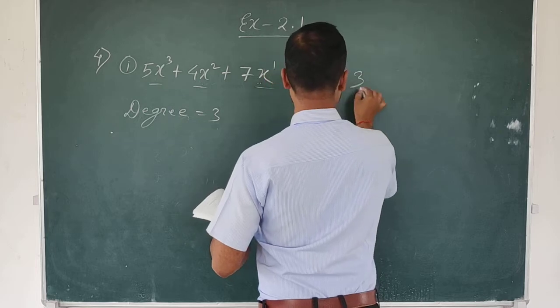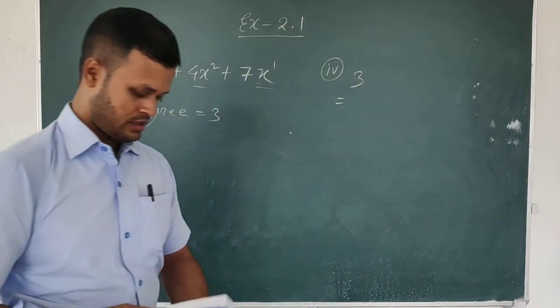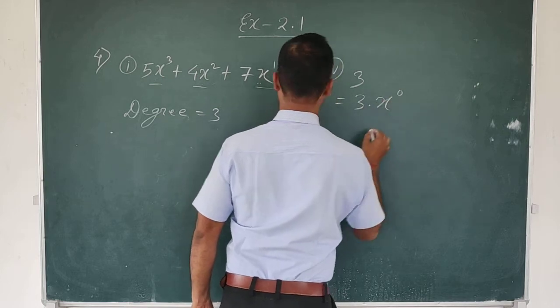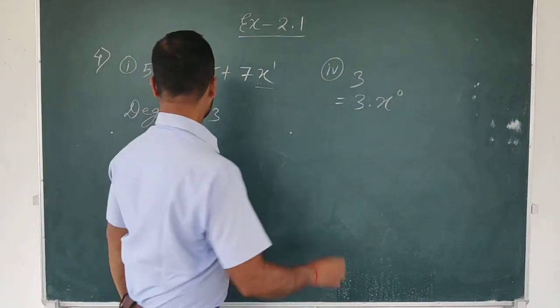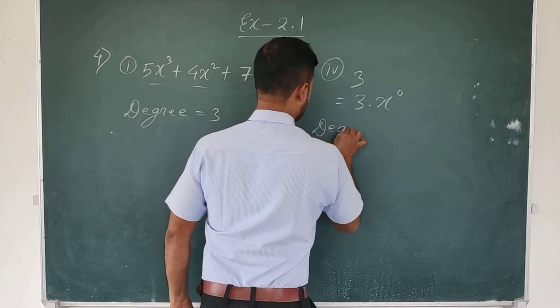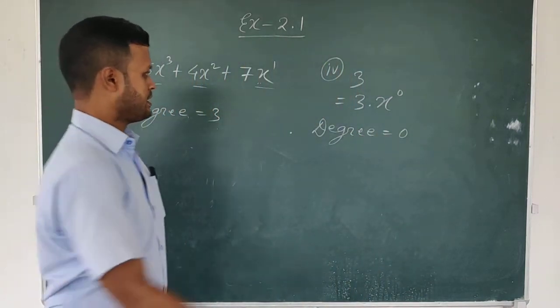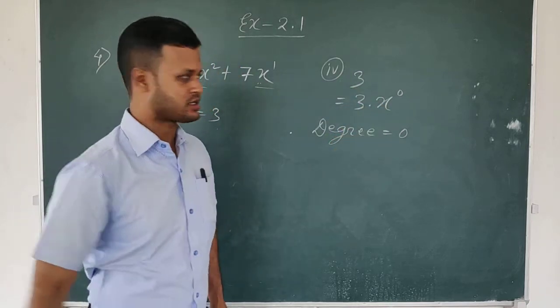Next, the constant 3. So what will be the degree, students? You can write 3 into x to the power 0. Can we write? You can write, no? So what will be the degree? Degree is equal to 0. In place of 3, can I write 3 into x to the power 0?